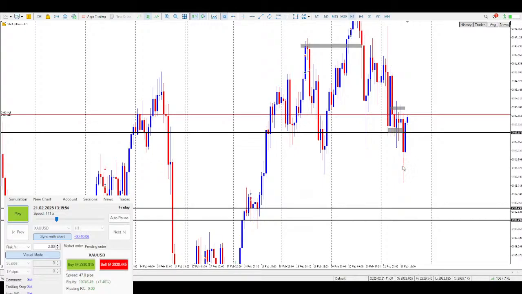So let me remove everything on this chart. I'll fast forward to the pre-London session, which is when you observe the drop, that small bottom down there.